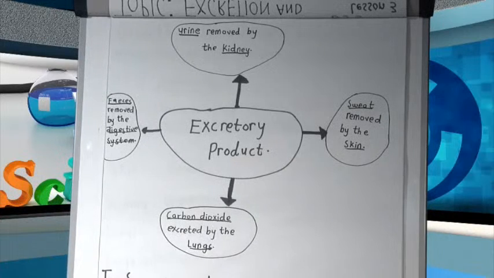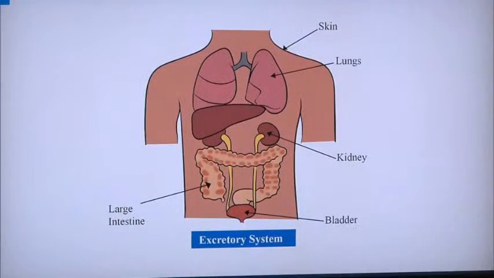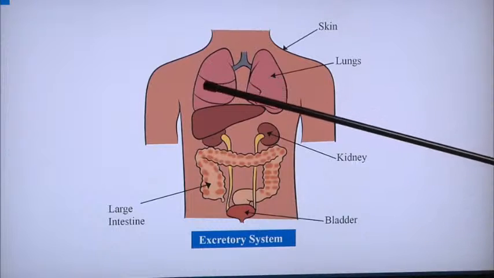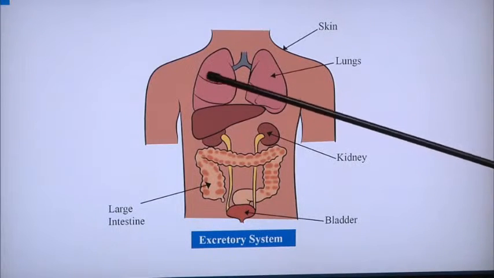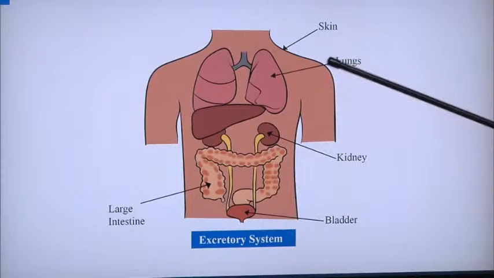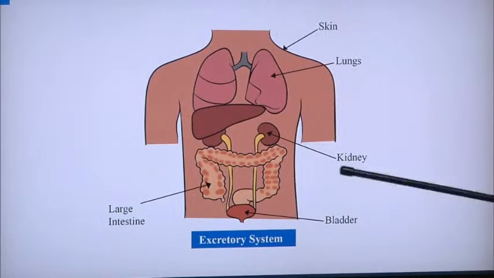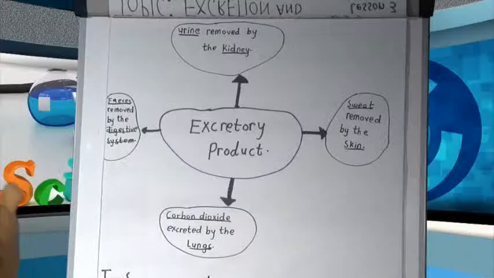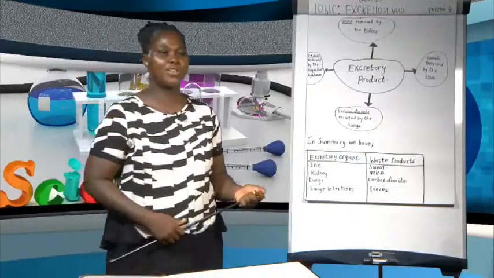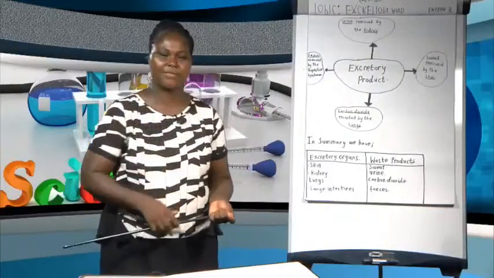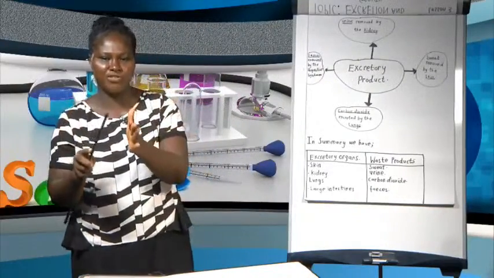Carbon dioxide is also excreted by the lungs. As we saw on our screen, these are lungs, and it is the excretory organ. When we breathe in oxygen and breathe out carbon dioxide, the carbon dioxide is a waste from where? The respiratory system.